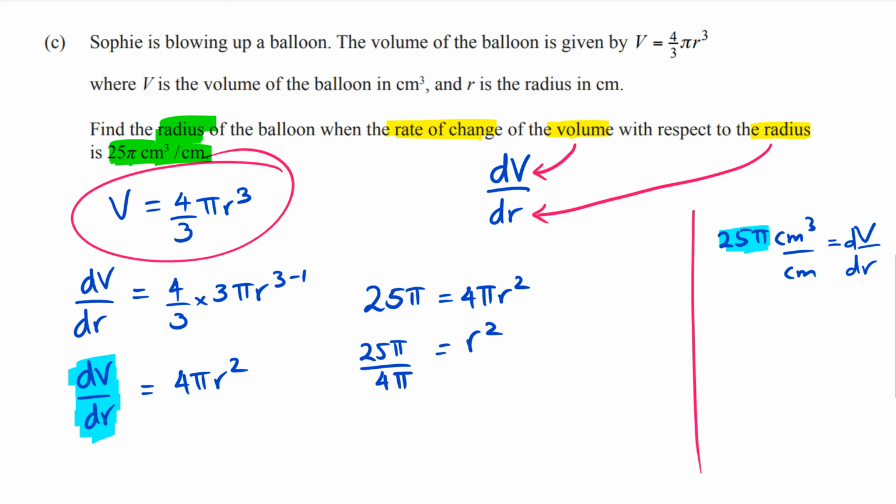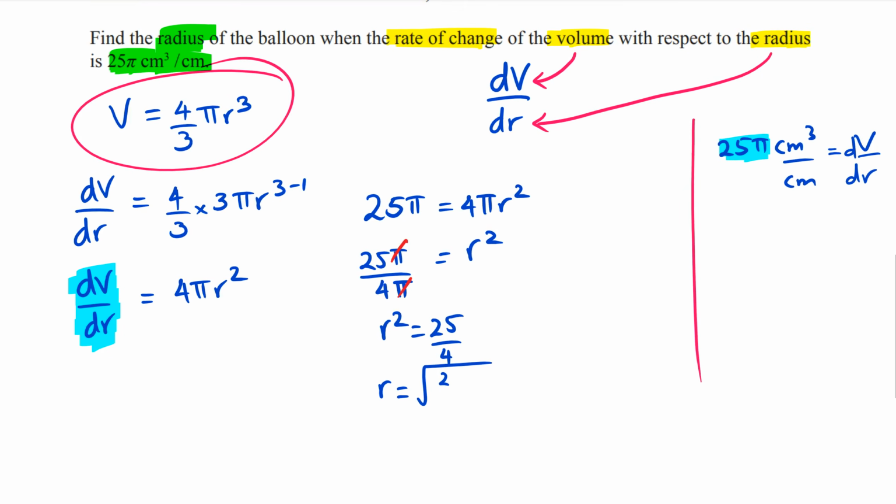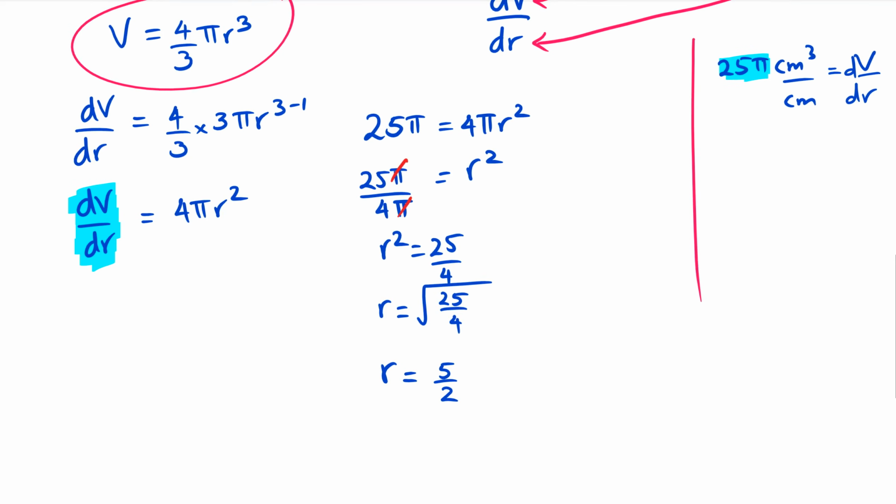Now my 2 pi's actually cancel out each other, and I'm left with r squared is equal to 25 over 4, which means I can take the square root of it, which is r is equal to the square root of 25 over 4, which means r is equal to 5 over 2, or 2.5 centimeters.